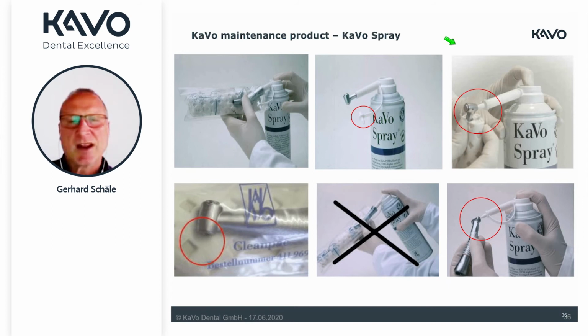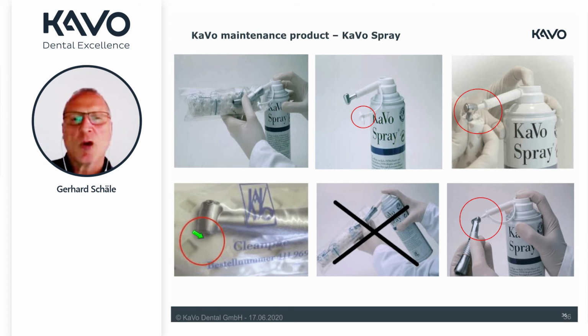When you do it the correct way and the instrument is still visible, you can directly see, when you spray through, what kind of oil is leaving the instrument. And if you see dark brown particles or discolored oil, do the spray again, always for 1 second.